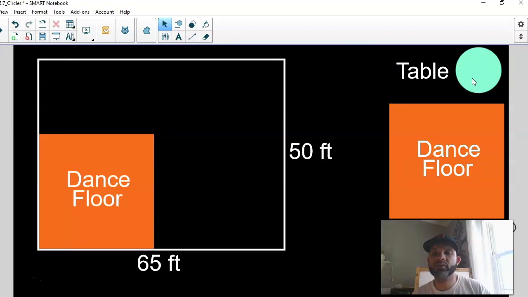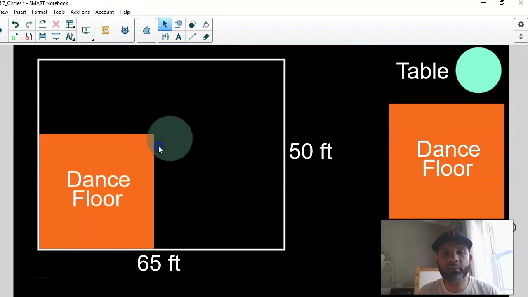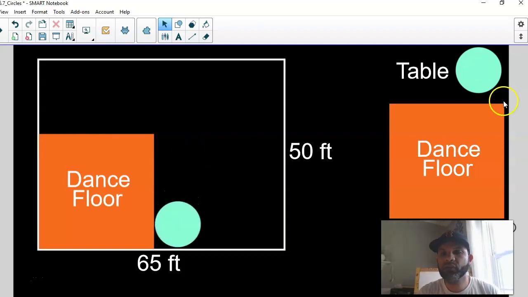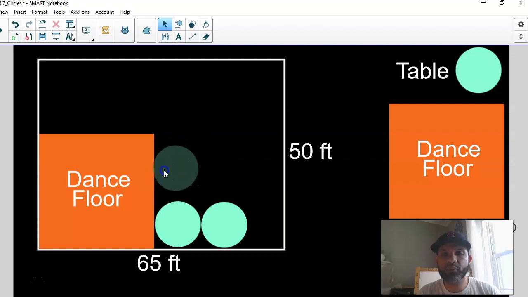So what I want you to do is get a piece of paper and see if you can figure out how to lay out the tables. You know that at a party, they're not going to be put like this. Nobody sits like that. You would probably need some space in between.